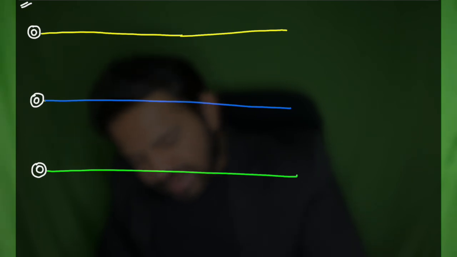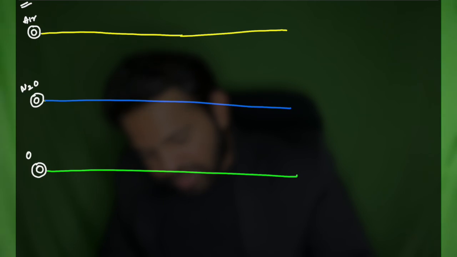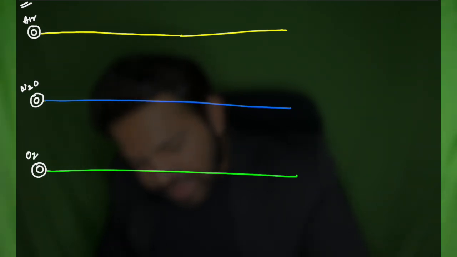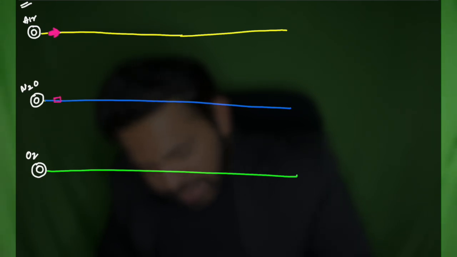So this is the air cylinder, nitrous oxide cylinder and oxygen cylinder. Then here we have something called a check valve. There is a check valve for all the gases.